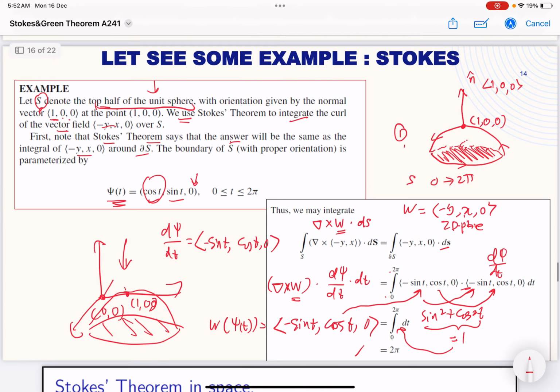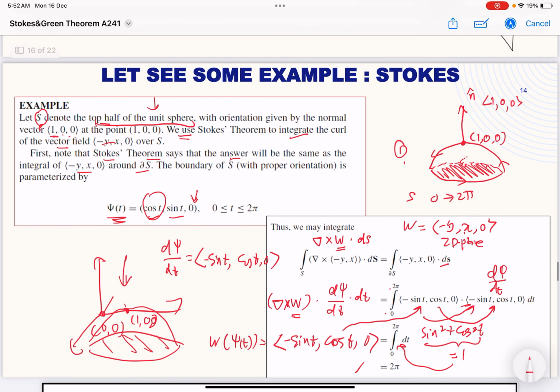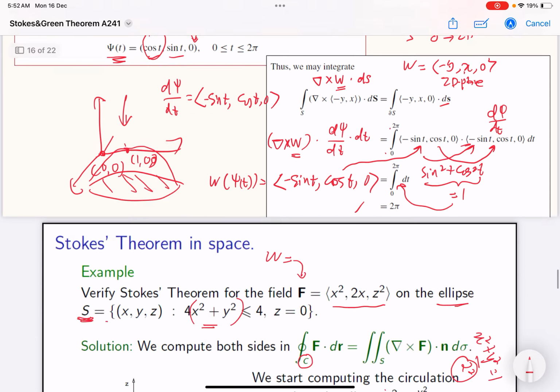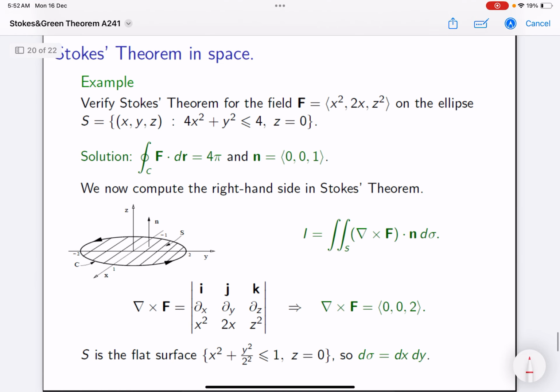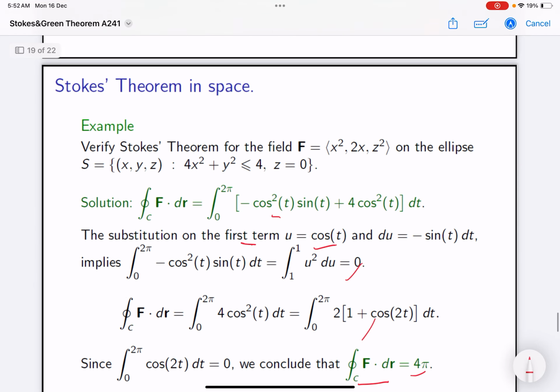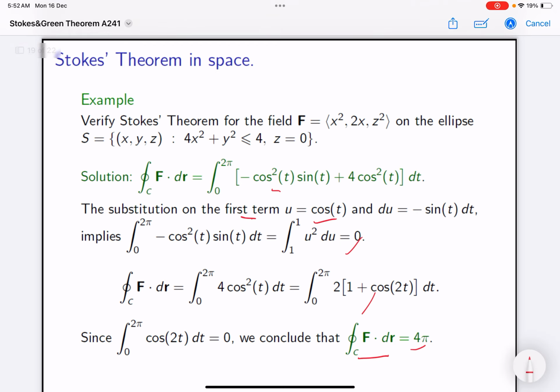I just explained it to you because we already solved it.